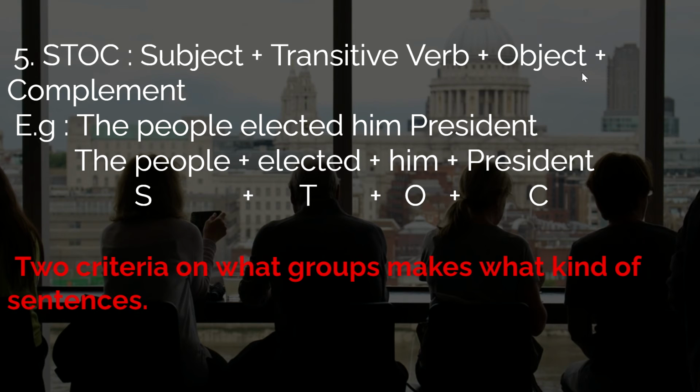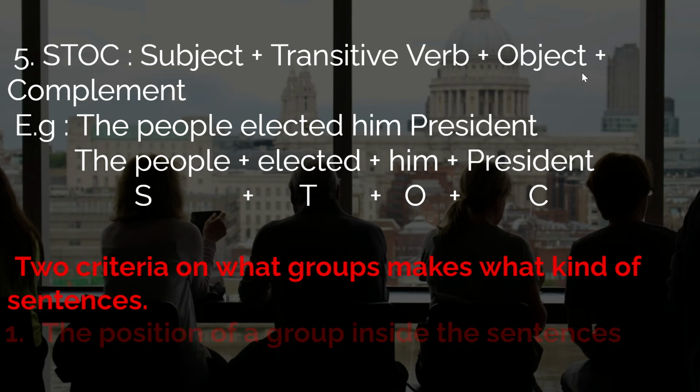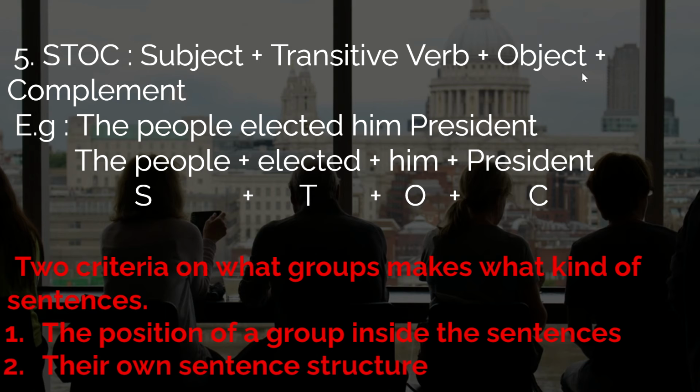Now there are 2 criteria on what groups make what kind of sentences. The first one is the position of a group inside the sentence, and the second one is their own sentence structure. Let's look at these criteria with respect to verbal groups.